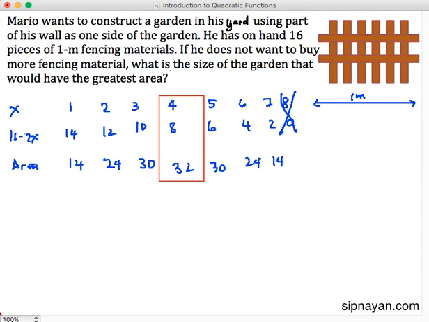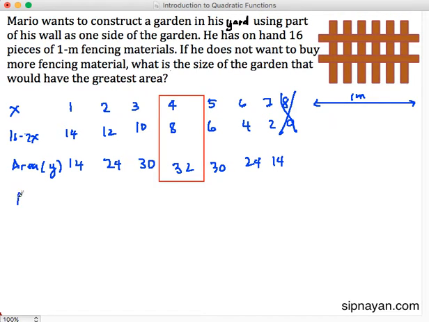Okay, so if we let the area y, magkakaroon tayo ng relationship na x and y. No? Now, for every x, kung makikita ninyo, meron siyang kaparis na isang y. So, if this is x, this is the y. If this is x, this is y. This is x, this is the y, and so on.